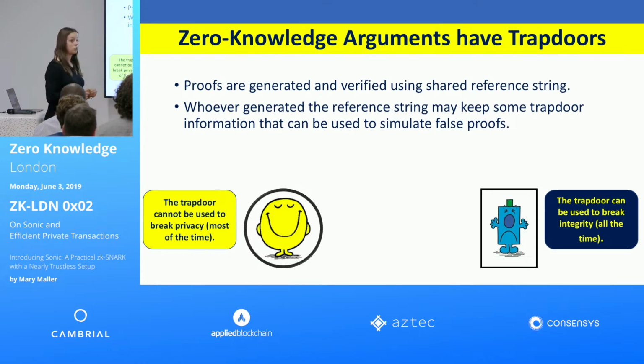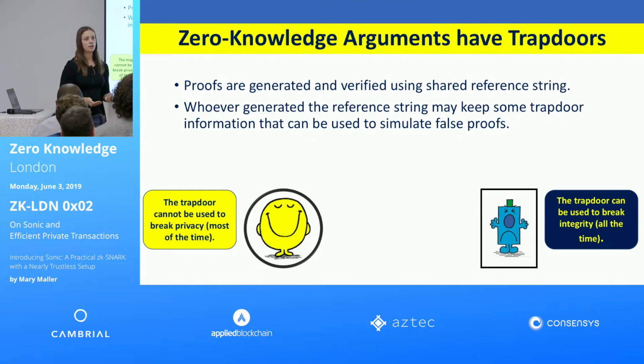But they require trusted setup, which is an issue that has been gaining a lot of attention recently, especially with the different setup ceremonies that people are having to do to try and get around this. The issue fundamentally is that a zero-knowledge argument has a trapdoor by definition.